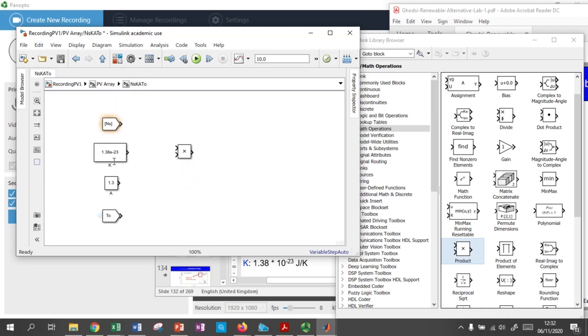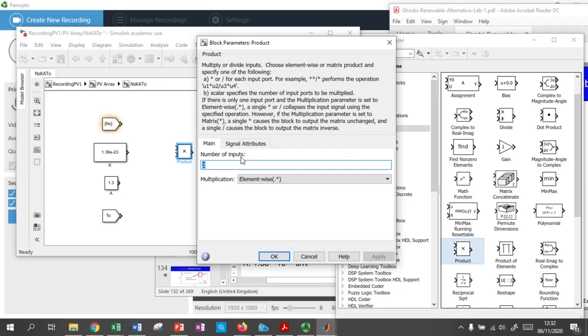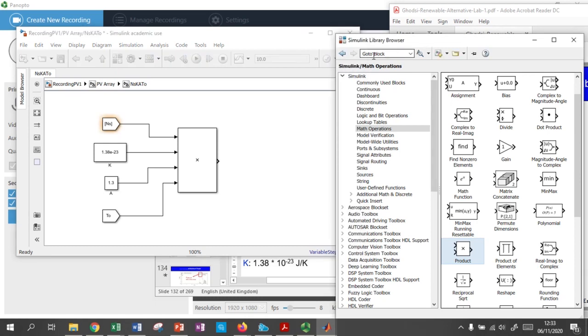But we need 4 terminals for this one. Then I will click on this one. Number of inputs, I will convert it to 4. Then I will put it here. Then again, the first one, the second one, the third one, and the fourth one. And the output can be considered as one output that we can keep as a from block.